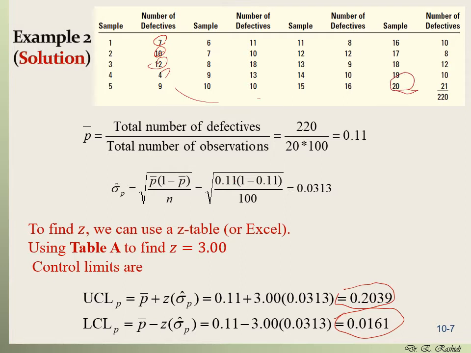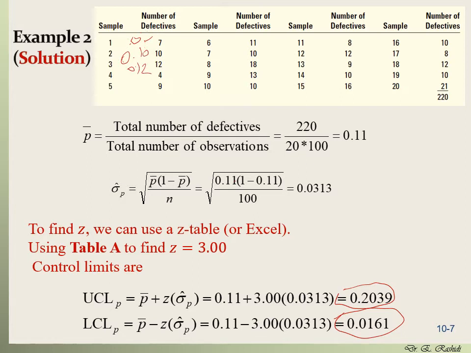For each sample, you find the percentage of defective items. Each sample has 200 statements, so this makes it easy to compute the defective percentages. For this one it would be 7%, so that's 0.07. For the second, that's 0.10. For the third, that's 0.12, and so on and so forth.